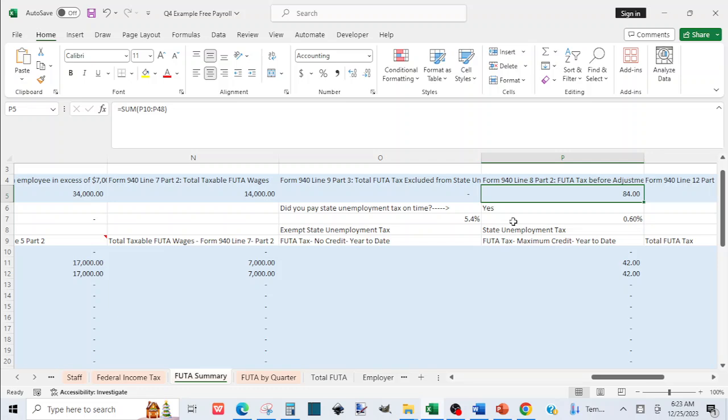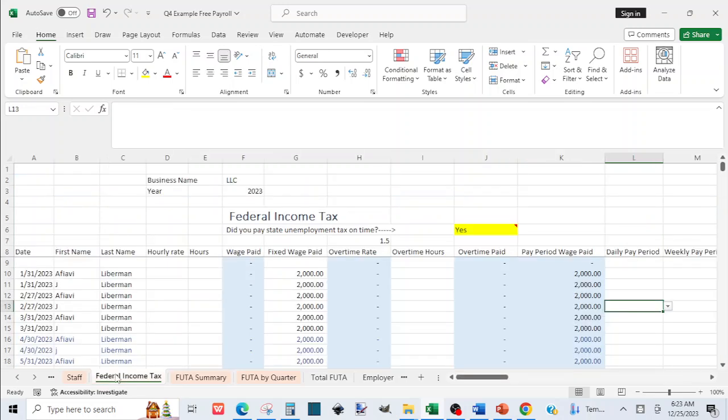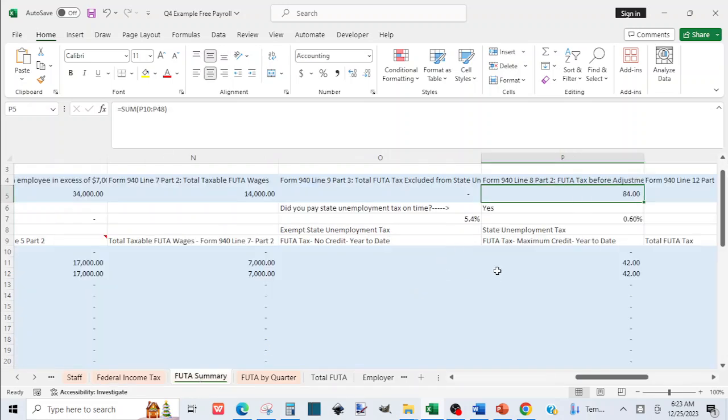So for this spreadsheet, it's a little bit different from the free version. This one has not been added there yet, and the difference is, if all your taxable FUTA wages are exempt from federal unemployment tax, in that case there is that 5.4% that needs to be applied on the wages. So the free version that we have at Nina Soap calculates that.